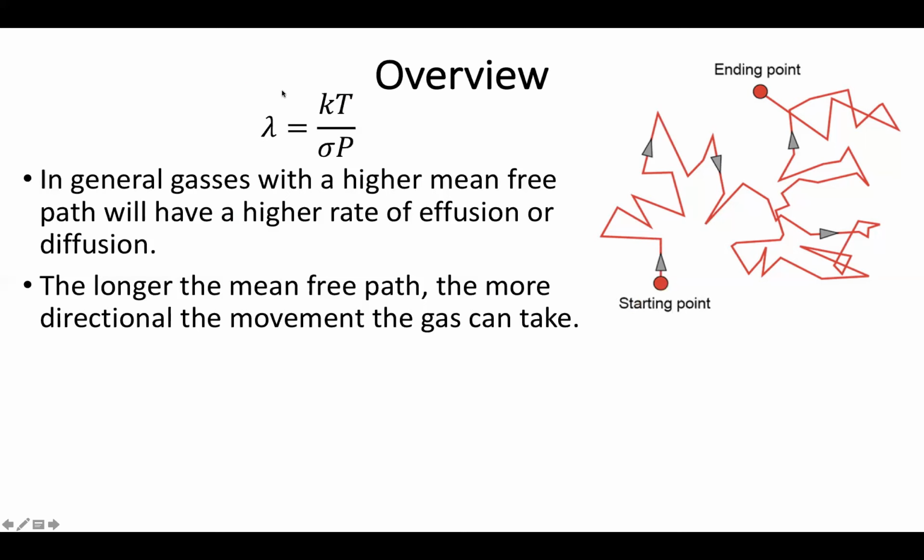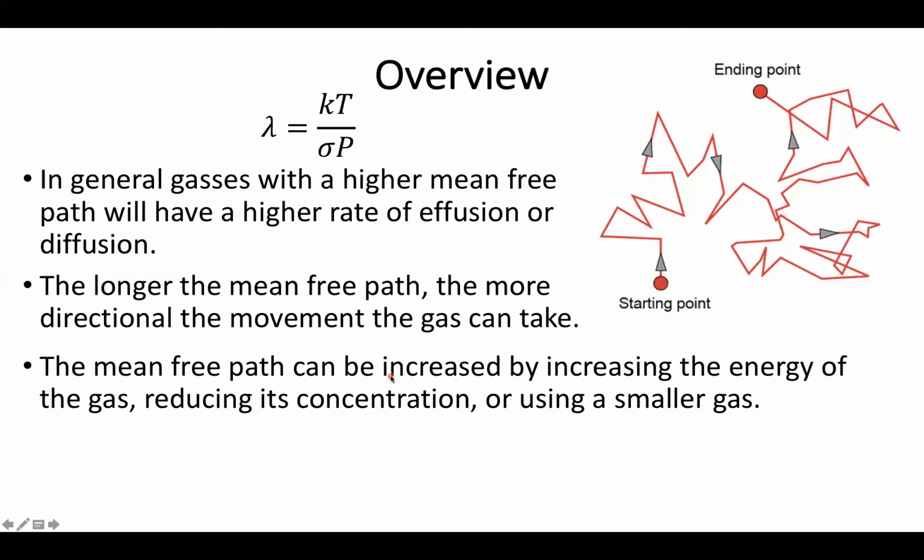But just looking at the mean free path, what we find is that the molecule can travel further if we increase the energy, because if I increase temperature, I'm increasing the energy of the molecule, increasing its velocity. If I reduce its concentration, so if I have a smaller pressure, there are fewer interactions and more straight line movement, or if I just have a smaller gas, which will also reduce the number of collisions.